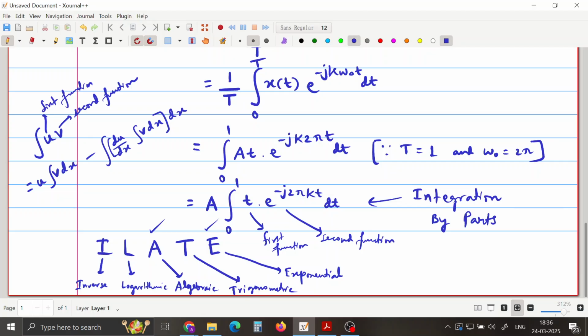Now we can use this rule to solve the integral. Let us first solve the integration of t e power minus j 2 pi kt dt. Once we have the form, we can simply substitute the upper and lower limits and calculate. We also have a scaling factor of a, so that's nothing to worry about.